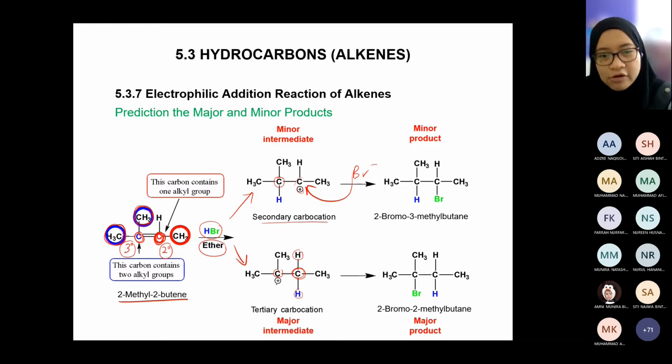So this will cause the carbon here to become tertiary carbocation. So we know that tertiary carbocation is very stable compared to secondary. Then later on, Br minus will attack the carbocation and add itself to the carbon. So this will be the major product. Kenapa? Because it produces stable carbocation.